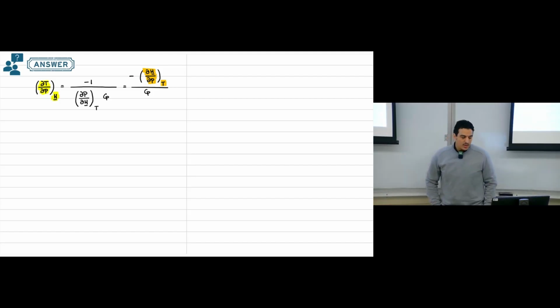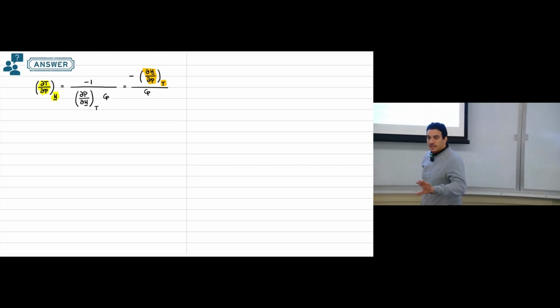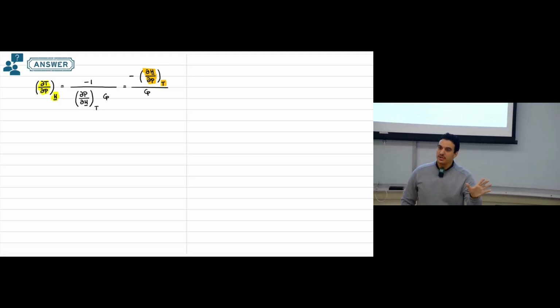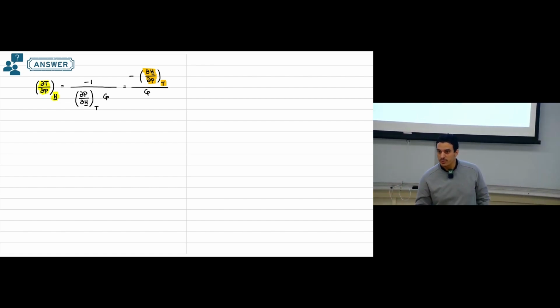Okay. So now, in order to find dH by dP at constant temperature, keep this in your mind: check fundamental property relations. If it's there, replace it. Check Maxwell relations. If it's there, replace it. If it's not, then we have the triple product or expansion rule. We already used the triple product, right?